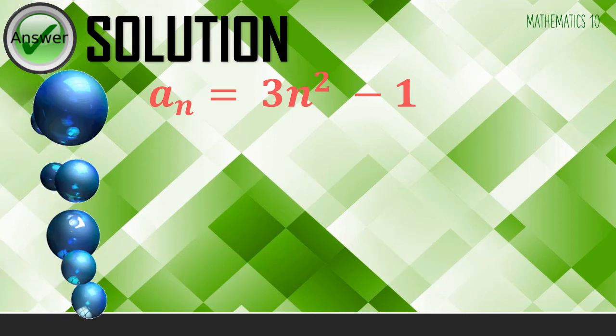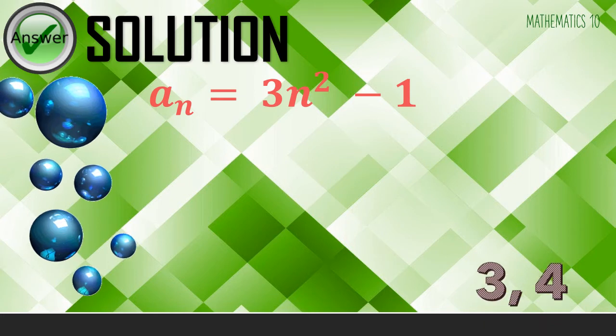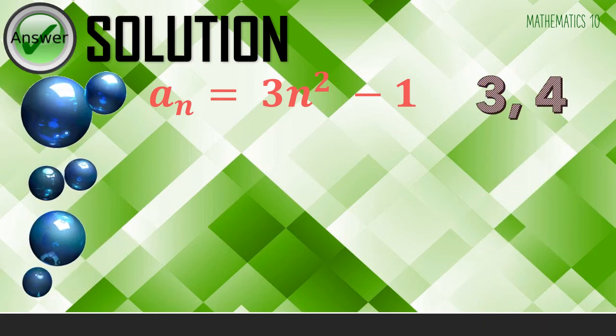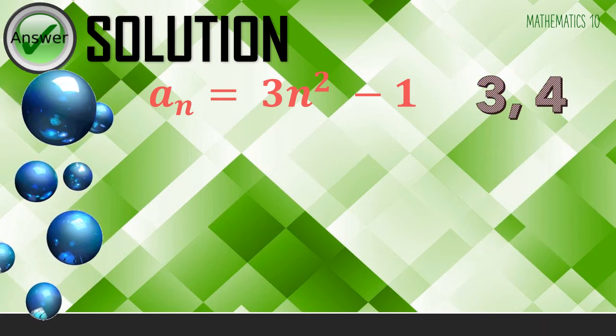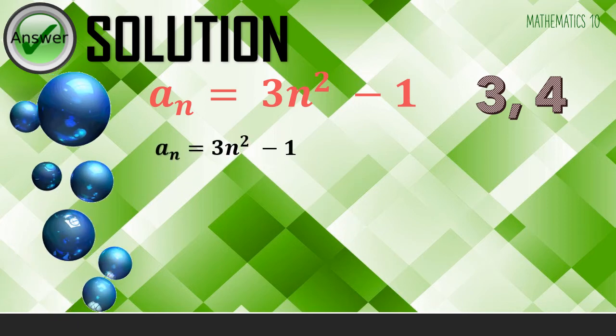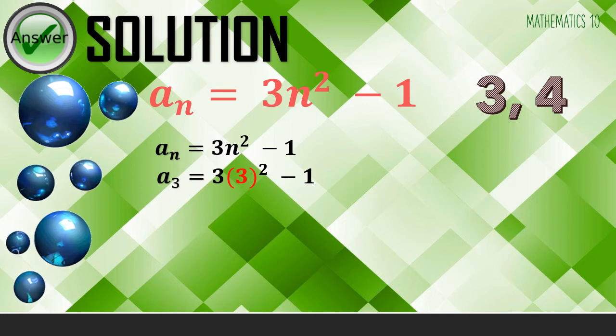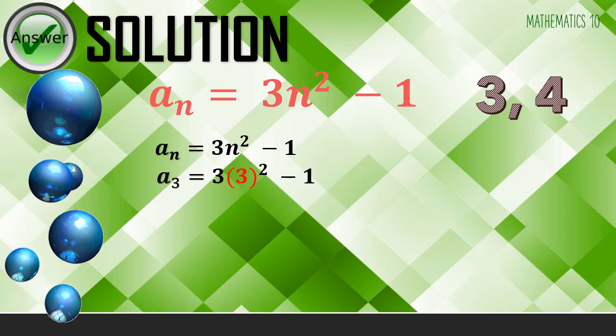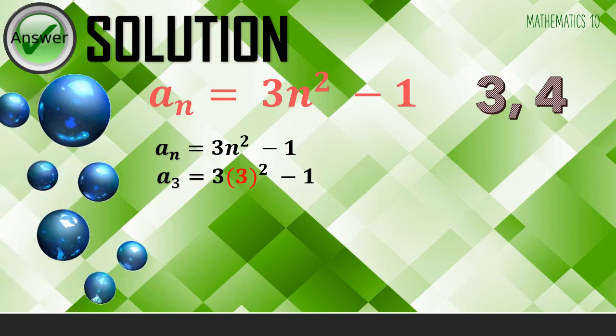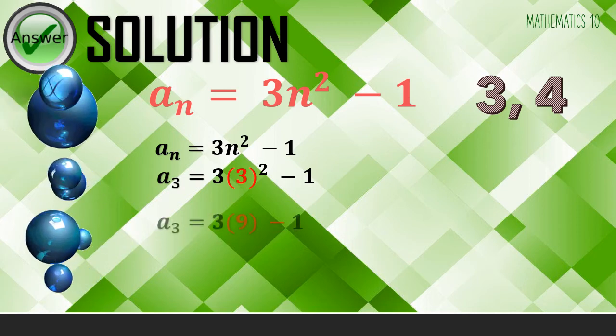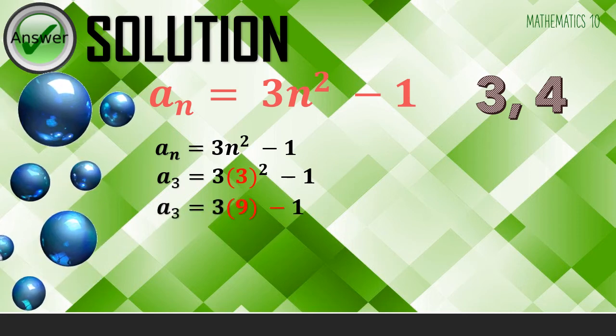Here for the next values of n, which are 3 and 4, let's do it again one by one. So substituting 3 in our equation, all the n's must be replaced by 3. So a sub 3 equals 3 times 3 squared minus 1. So we'll have 3 times 9 minus 1.